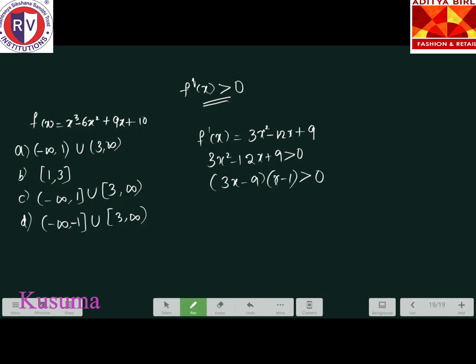Here, if we equate it to 0, the roots will be x is equal to 3 and x is equal to 1. So 3x minus 9, if it is equated to 0, we will get x is equal to 3, and x minus 1, when we equate, we will get x is equal to 1.